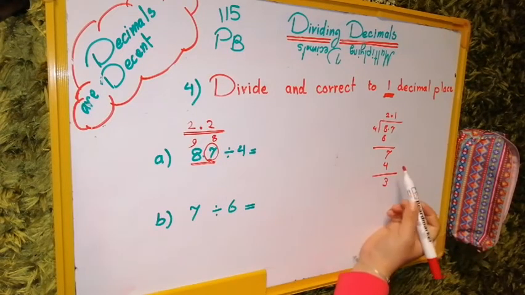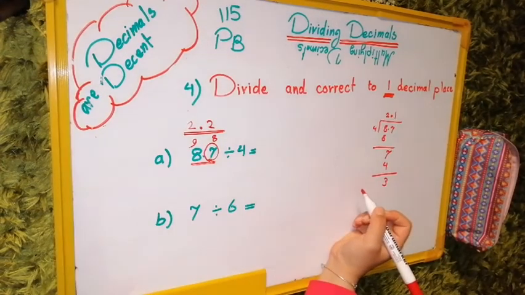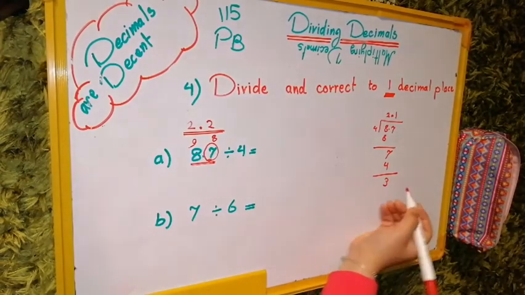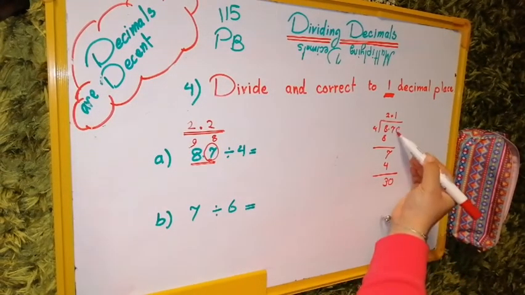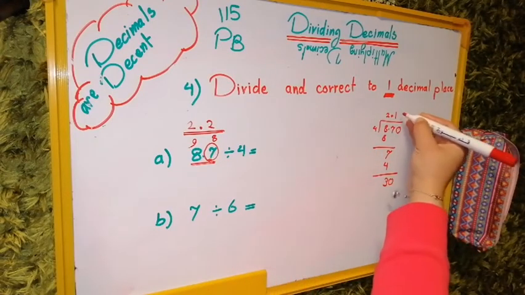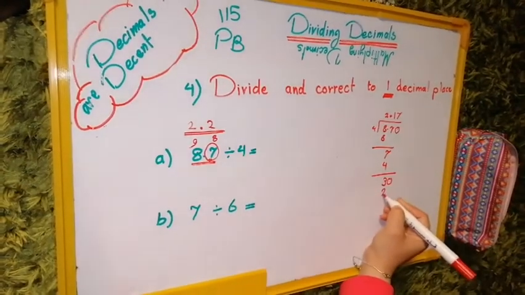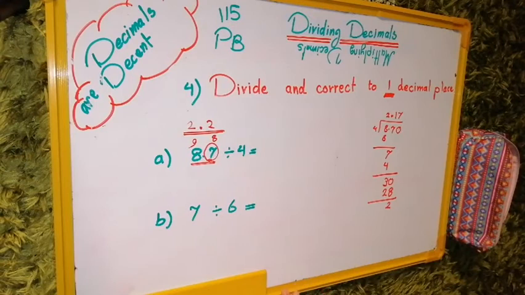I cannot divide 3 by 4. But is there another thing I can do? Yes, I can say that this is 30. I'm going to add 0 here. 30 divided by 4 equals 7, which will give me 28. And here I'm going to have 2.